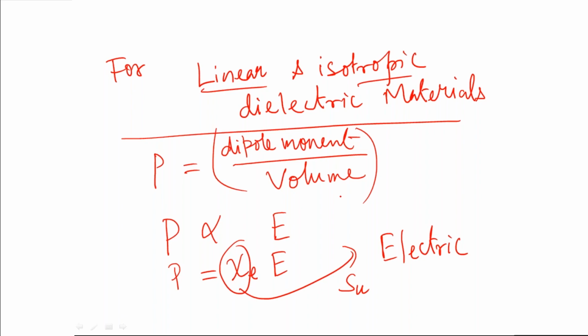It depends on the material, as I said, linear isotropic dielectric material. So it depends on the dielectric material how much the value will be. It is a proportionality constant, but not actually constant; in nature, it depends on the material. This is called electric susceptibility.